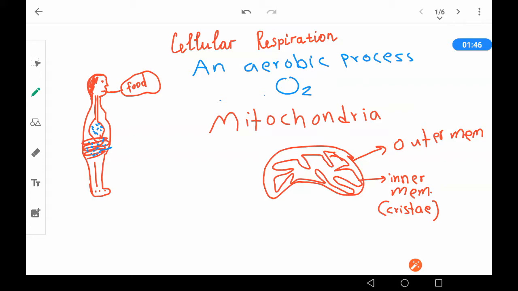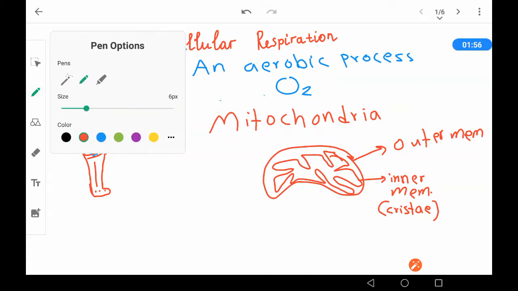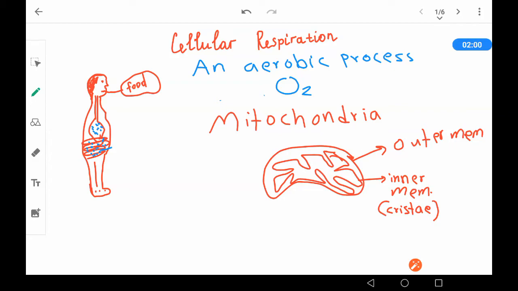The process of cellular respiration takes place in mitochondria in two stages. The first one we call the Krebs cycle.